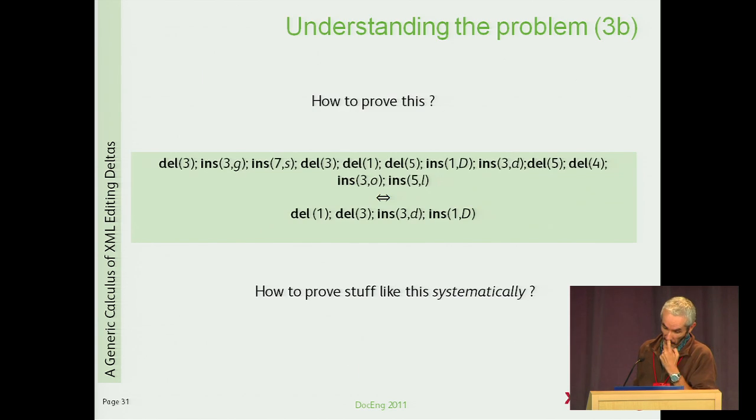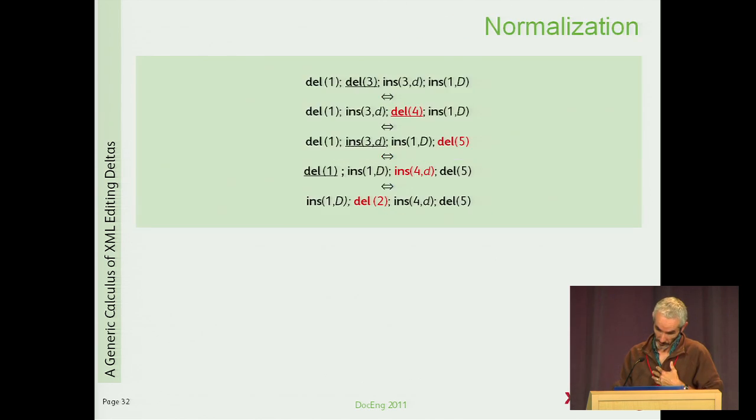Okay, so remember our problem of equivalence in that case with the dead path. Here I suggest a normalization method which is based on reordering the different operations on two criteria. The first one is order of path. So we will try to put lower paths in first position.